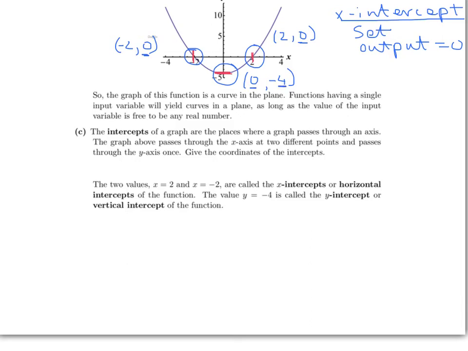In order to find a y-intercept or a vertical intercept, what we have to do is determine the output value when the input is 0. In other words, to find a y-intercept, we have to set our input equal to 0 and then determine what the output is.